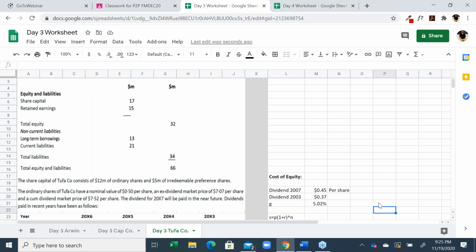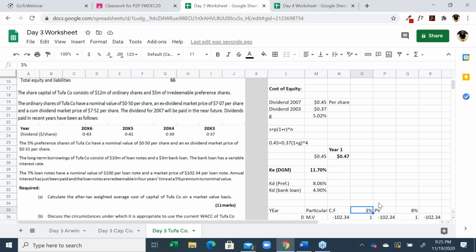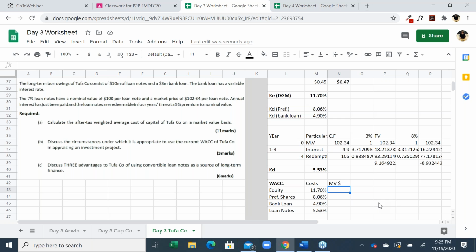So 12 million, which means 12,000, let's write it in thousands, multiplied by 7.07. And let me state that we are getting it in thousands. So that's the market value of equity.